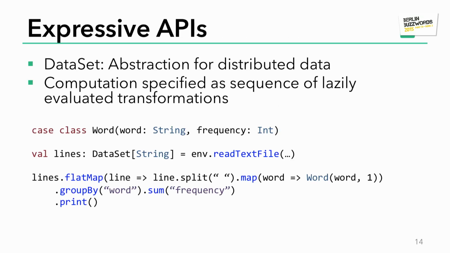So let's start with the expressive API. Well, the recommender is implemented as a batch job, so we have to talk about the batch API. The key abstraction of the batch API is what we call a dataset. The dataset represents some data which is possibly distributed in a cluster.